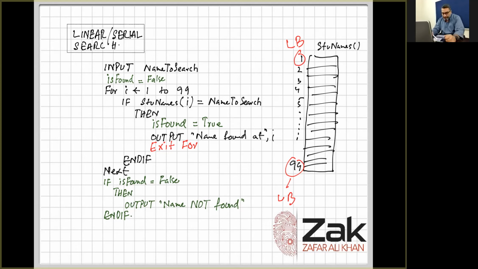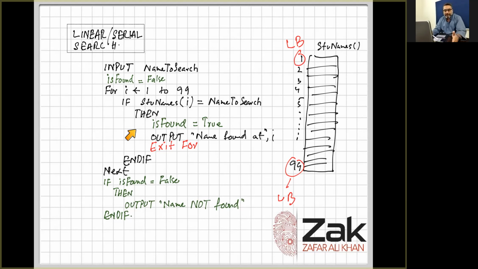If the name of the student is found, it is being reported. But if the name is not found, not even once, then at the end we should know if it is found or not. So we should report it. So for that reason, we make a switch of flag. The name flag is more popular. We make this flag is found and we initialize it at false. And towards the end, we are checking if it is still false, means it is not found.